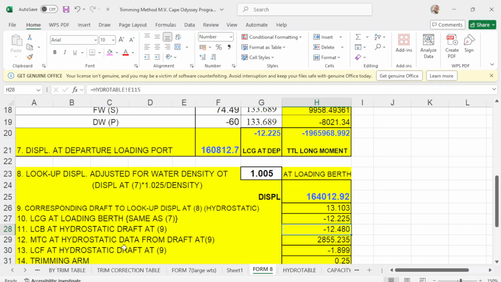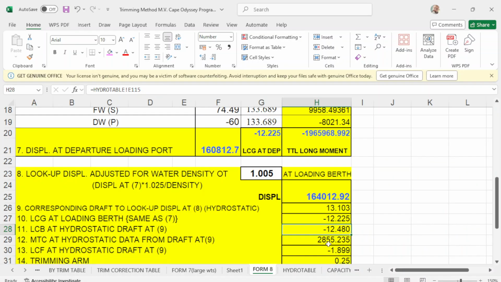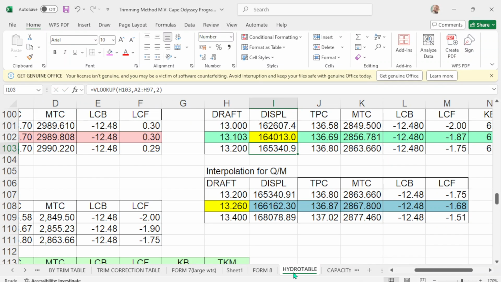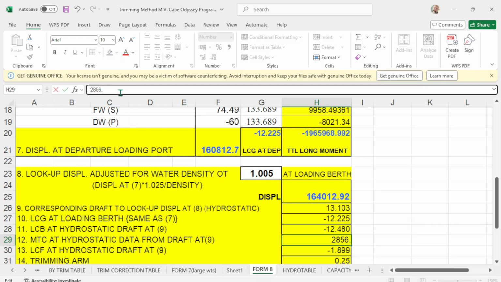MTC is this one, MTC number 12. MTC is 2856.781.